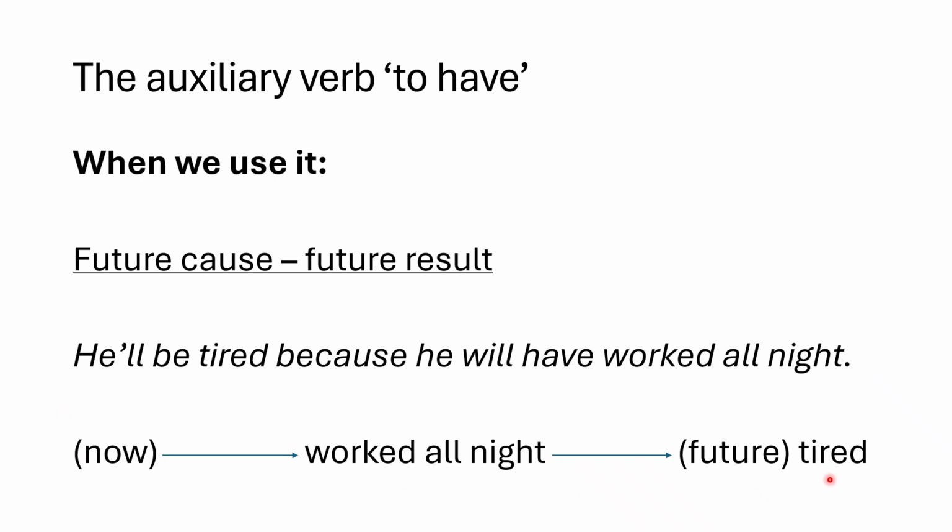This timeline shows how, in the future, he will feel tired, the result, because he had worked all night, the cause. Both the cause and the result are in the future.